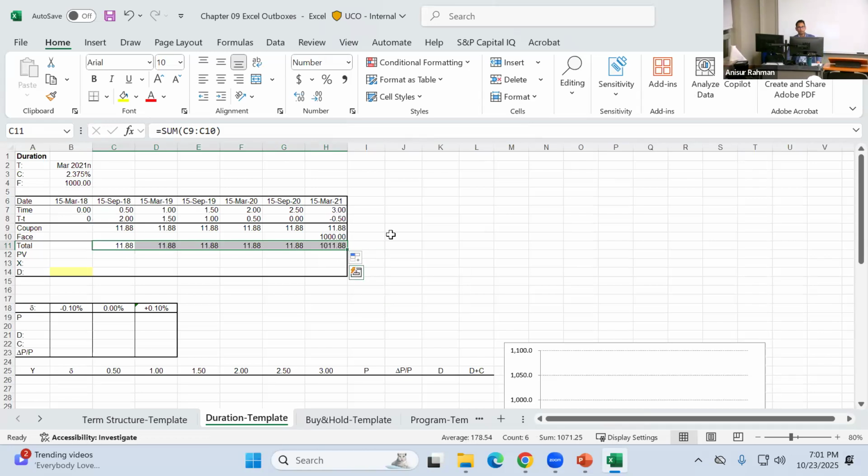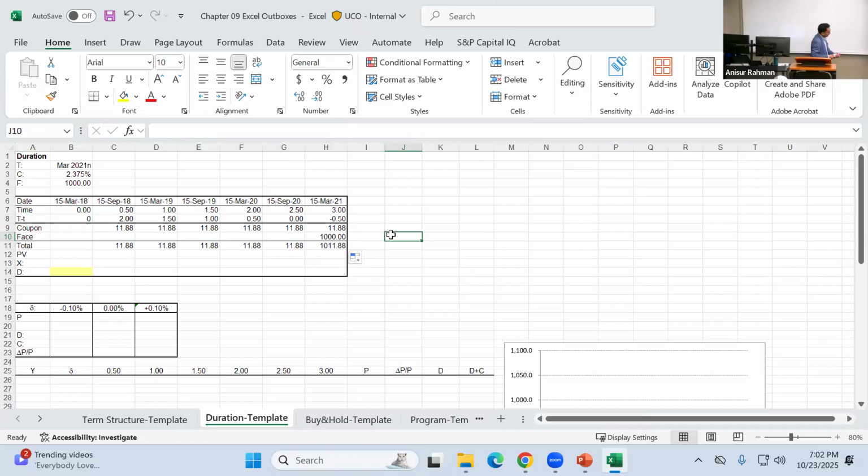Pull across, yes. And then if we want to calculate present value, how do you do it?